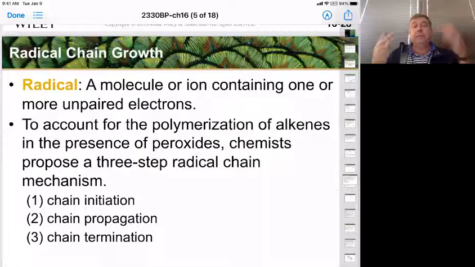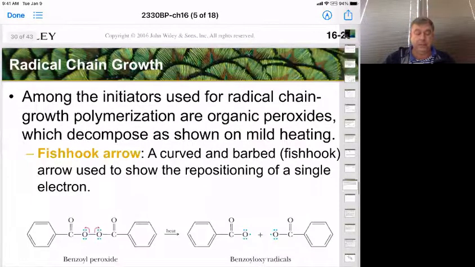And these are going to keep making new carbon-carbon bonds and making new radicals until you run out of things to actually react with. And then once you run out of things to react with, you get radical and radical coupling that terminates the reaction. So we initiate, we create a radical, we propagate where the radicals make new radicals, and then we end by taking 2 radicals and putting them together. Okay, so we'll go over each of those steps independently.